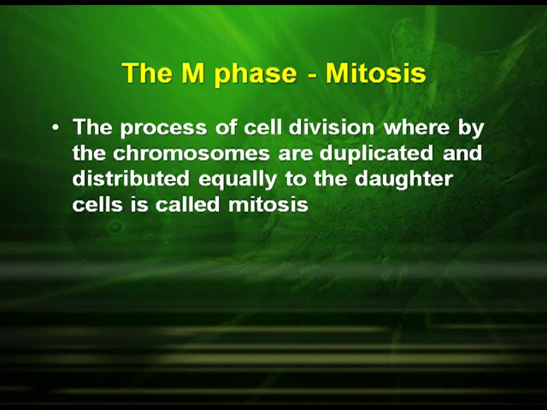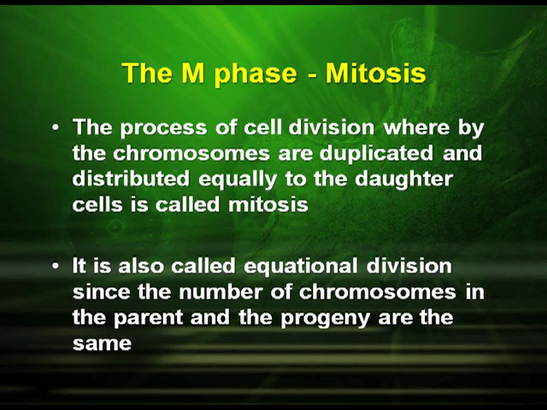The M phase or mitosis is the process of cell division whereby the chromosomes are duplicated and distributed equally to the daughter cells. It is also called equational division since the number of chromosomes in the parent and the progeny are the same.